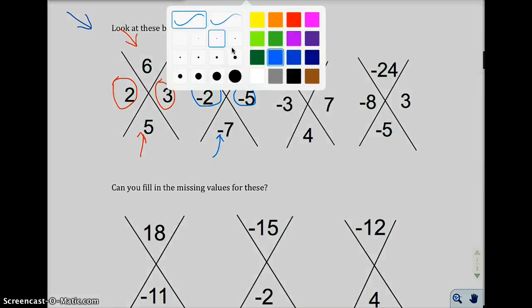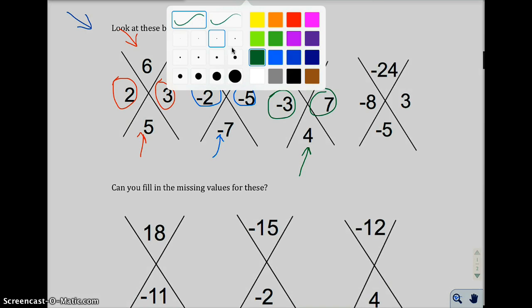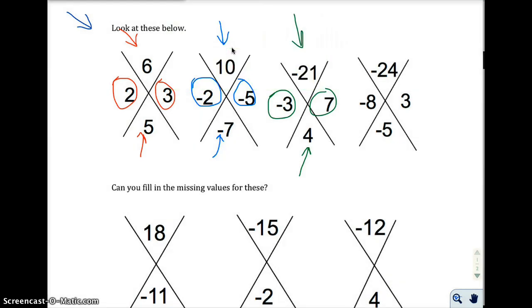Okay. The negative 3 times 7 gives me negative 21, and negative 3 plus 7 gives me 4. And then the last one, negative 8 times 3 gives me 24, and add to give me negative 5.